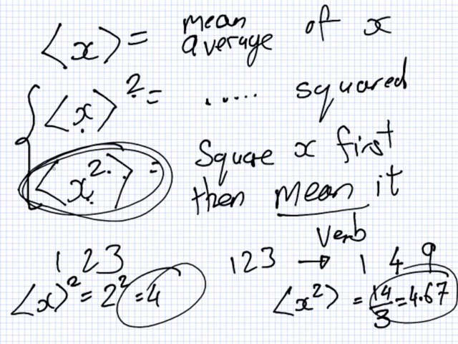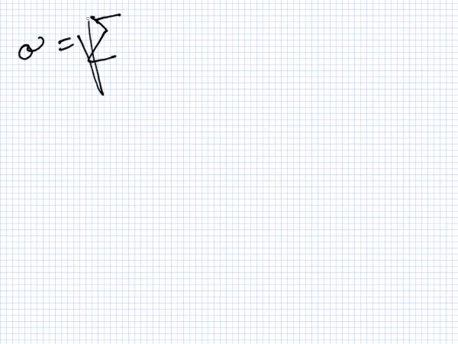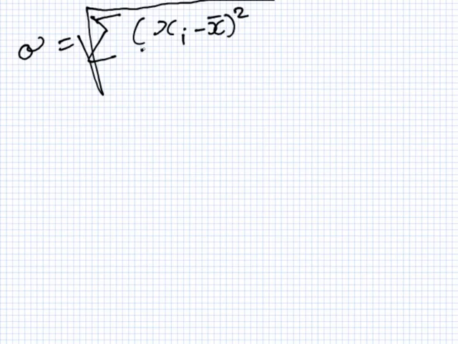Can I scroll down? You understand the difference between these two, I hope. Okay. So this formula for standard deviation, it's a little bit difficult. Let's see if we can simplify it. What's the purpose of the square root?